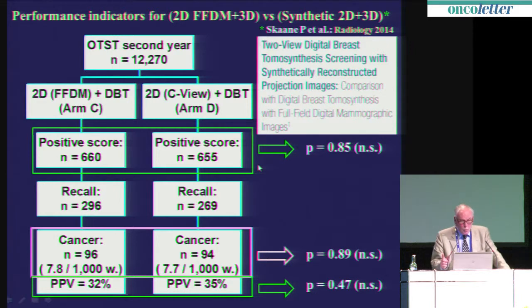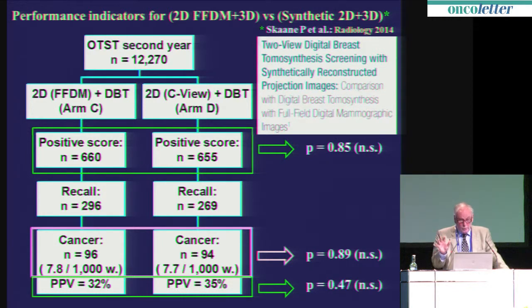There is no significant difference in the positive scores between conventional 2D and synthetic 2D. There is no difference in the cancer detection rate between conventional 2D and synthetic 2D. And there is no difference in the positive predictive value between conventional FFDM and synthetic 2D.